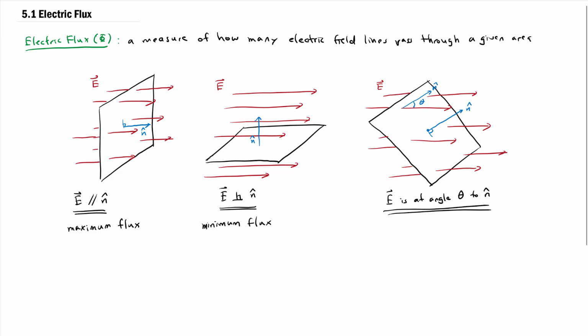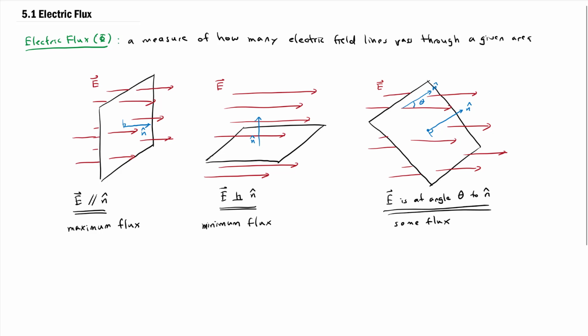And then when the electric field is at an angle theta to n, there is going to be a component of the electric field that penetrates the surface at exactly 90 degrees. So we're looking for the component of the electric field along the surface normal vector, so there will be some flux.